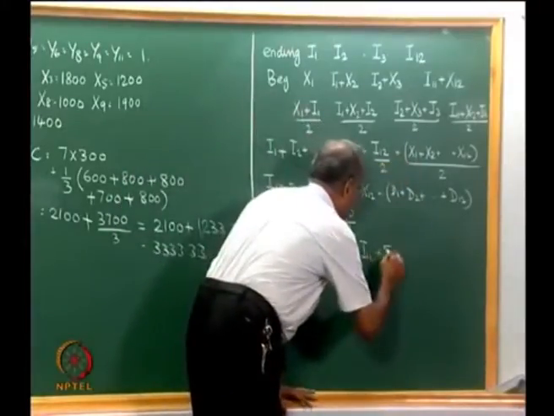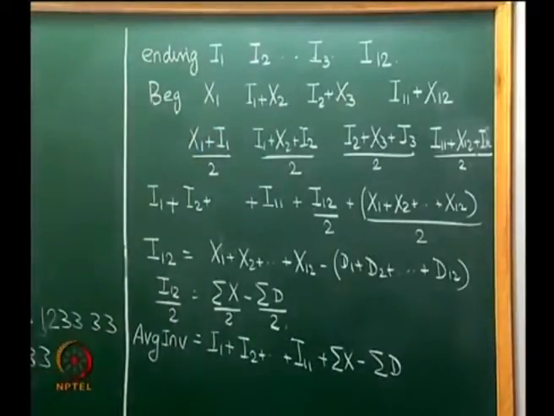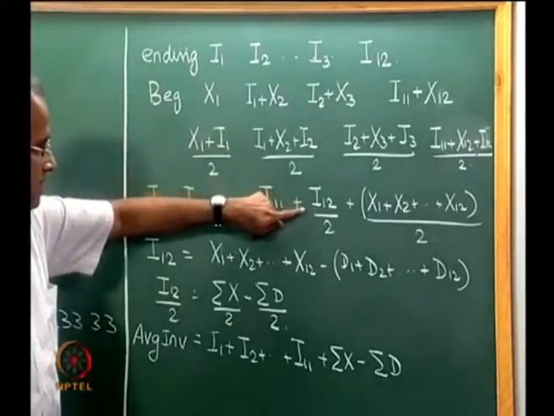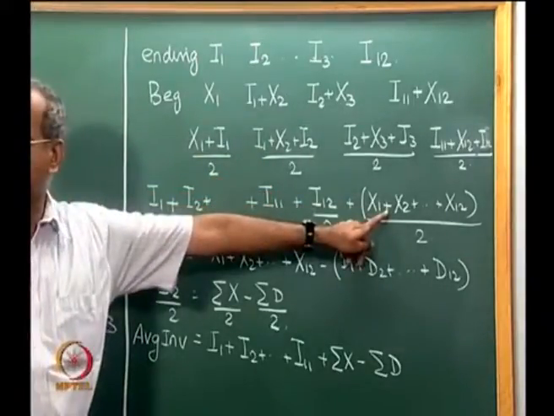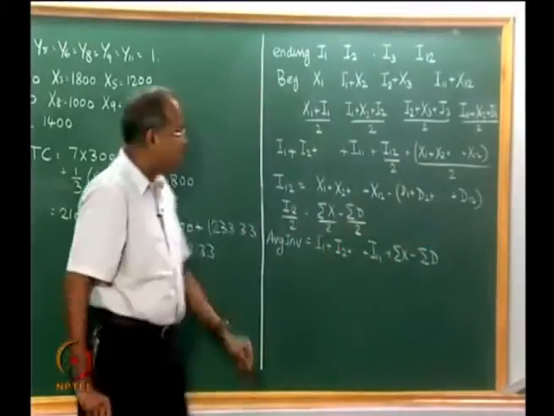So, this will become plus sigma x minus sigma d, because there is a sigma x by 2 term that comes out of this, and this is another sigma x by 2 term. So, they add up to give you sigma x minus sigma d.